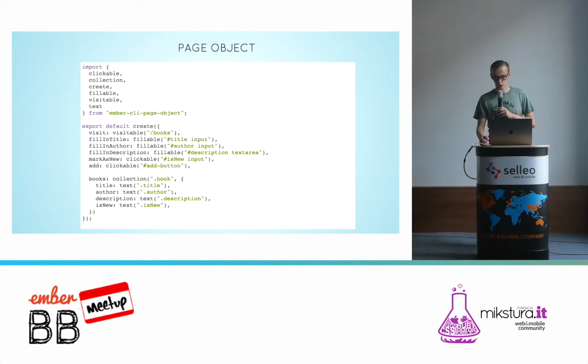To sum up, the page object design pattern is a powerful one for writing reusable, more readable, and easy to understand tests. And just quick info: to use page object with nested modules, we need to use page object version 1.15.0-beta.1.